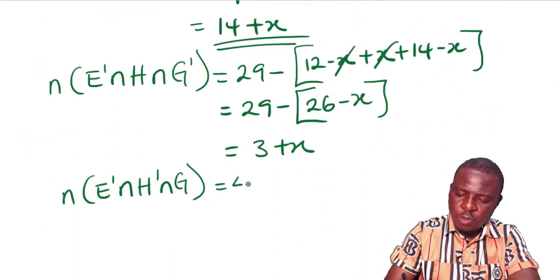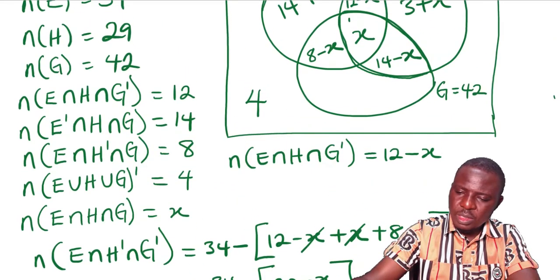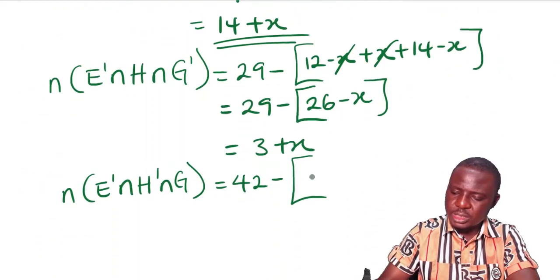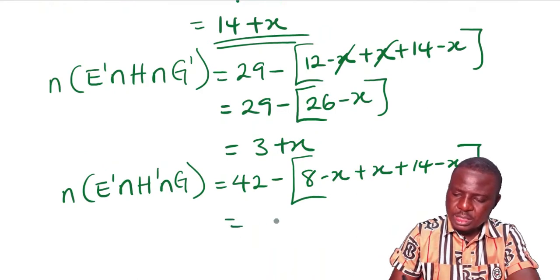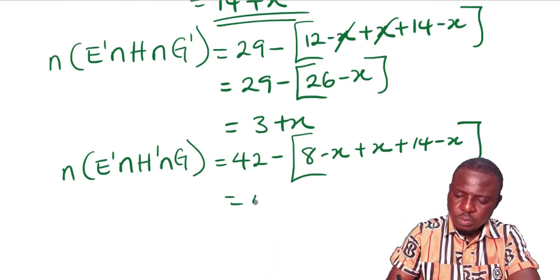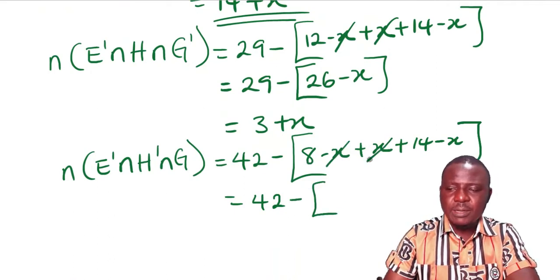So this becomes 42 minus, in brackets, 8 minus x plus 14 minus x. So I have 8 minus x plus 14 minus x. This is equal to 42 minus, x plus x is 0. 8 plus 14 is 22.